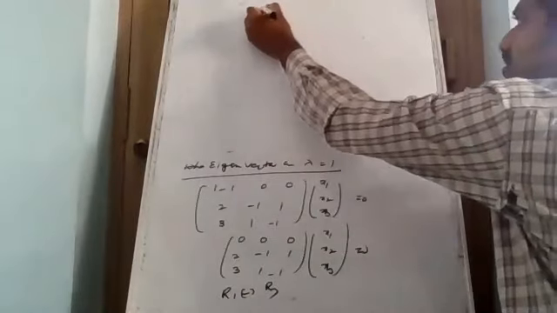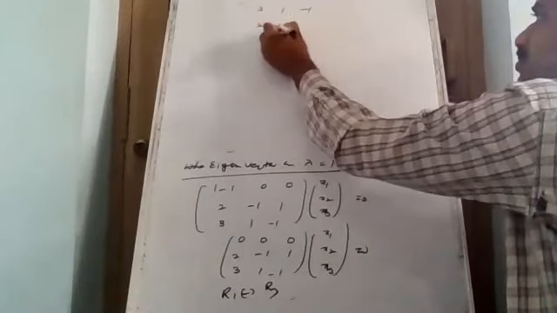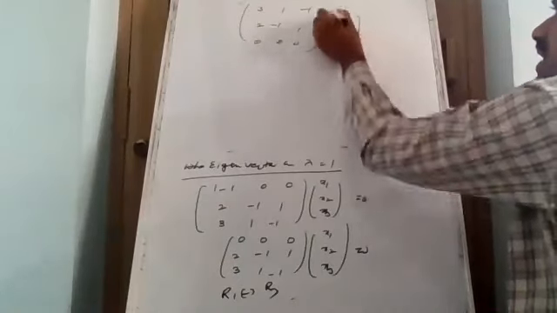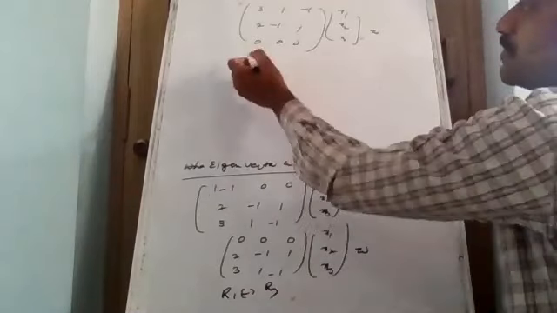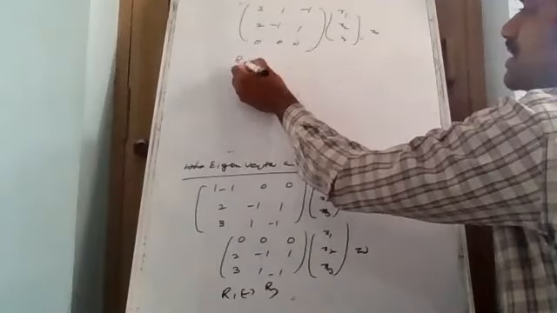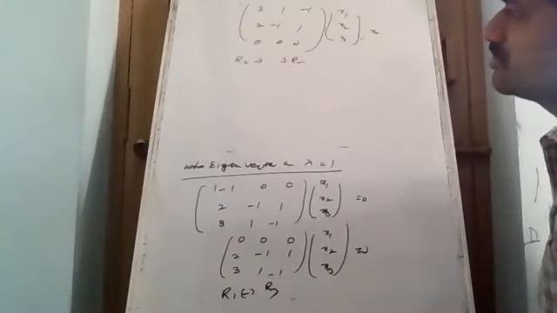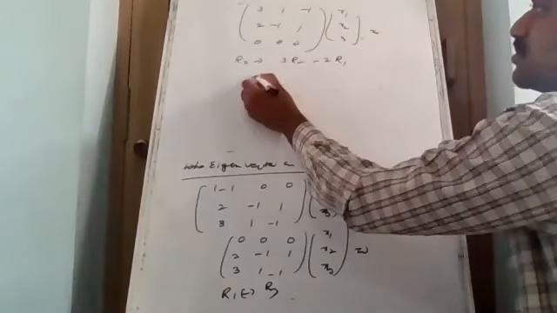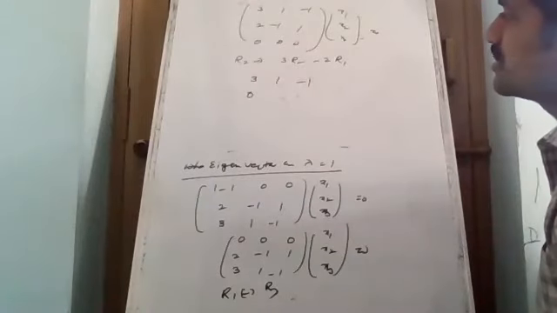We get 3, 1, minus 1, 2, 1, 1 minus 1, 1, 0, 0, 0 into x1, x2, x3 is equal to 0. Now use the row operation R2 gives 3R2 minus 2R1.